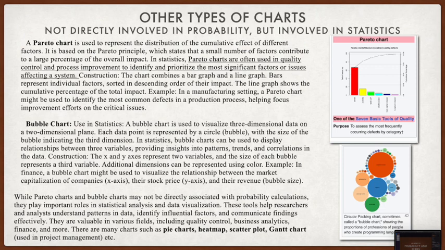There are many charts such as pie charts, heat map, scatter plot, Gantt chart, 3D pie chart, 3D bar chart, and many more. The Gantt chart is used in project management. These could be referred to, and are not covered here because this topic is mainly focused on probability and statistics with reference to its application in science and industry.